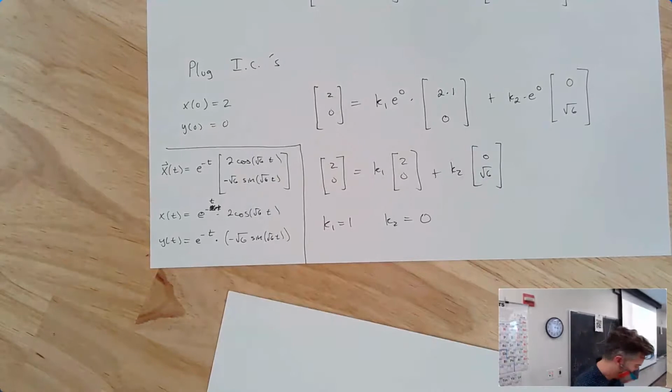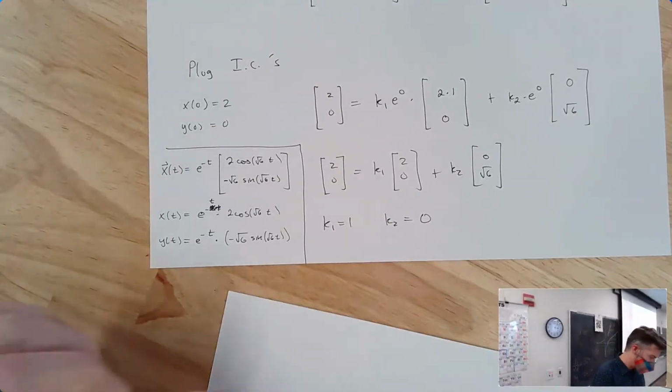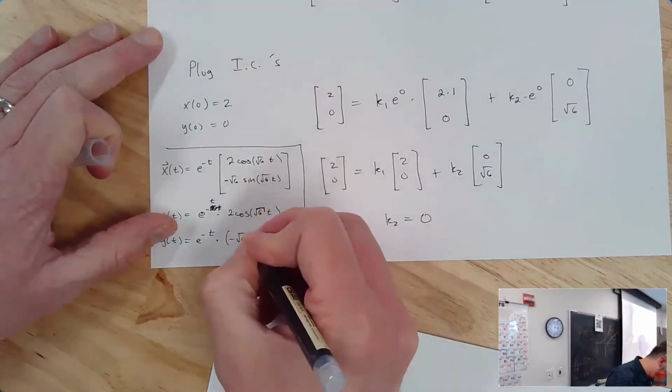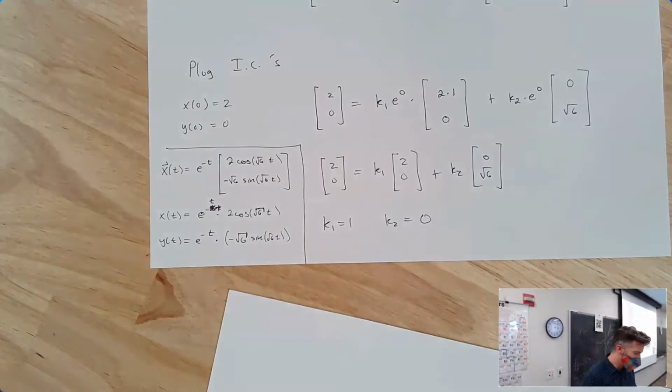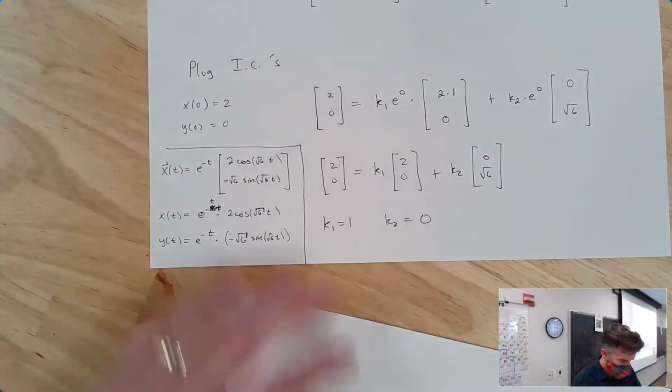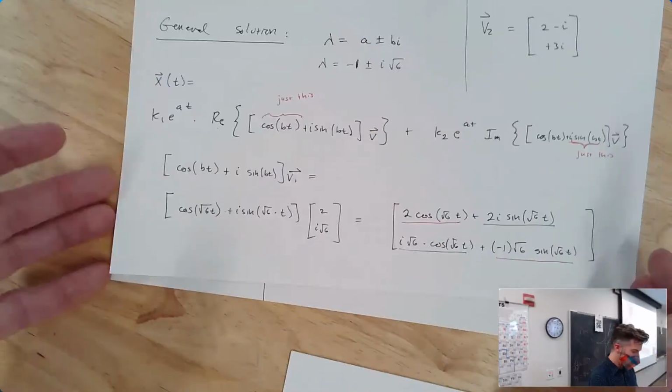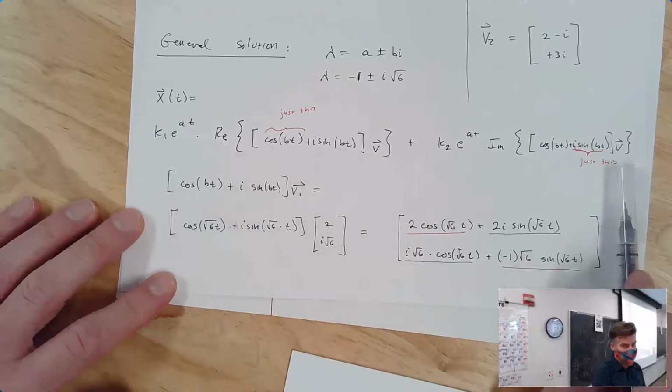How do we get cosine of the square root of 6t? Just to be clear, the t is not inside the square root. The way we got that was way back here. We used this formula that we didn't derive.